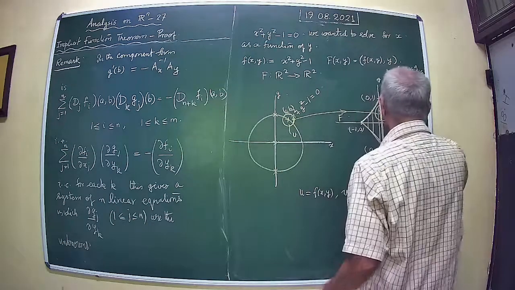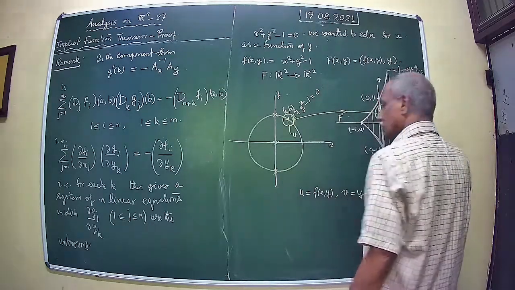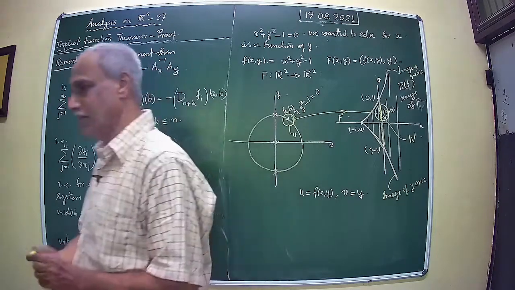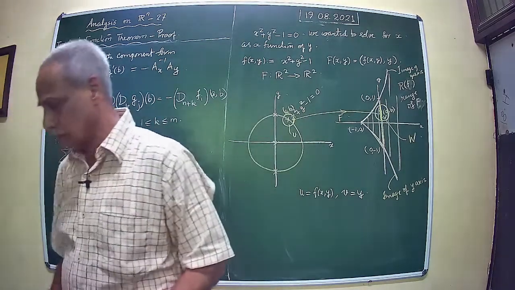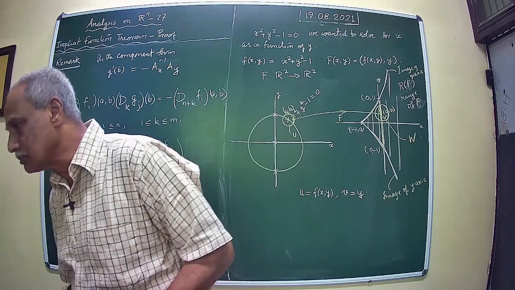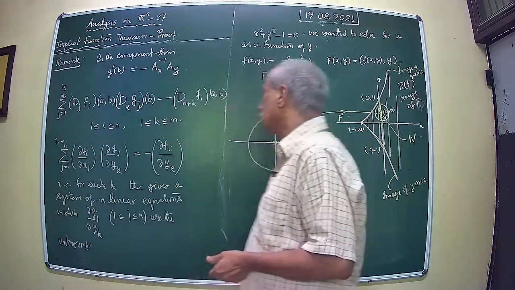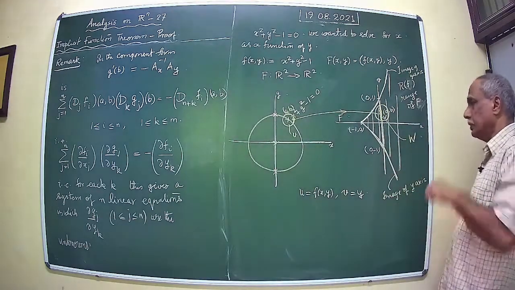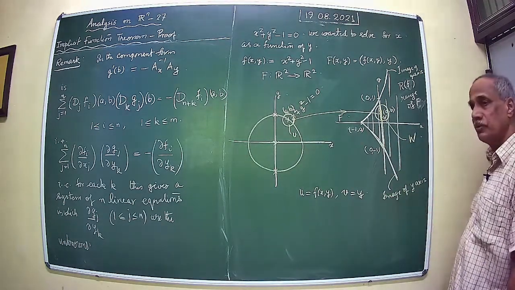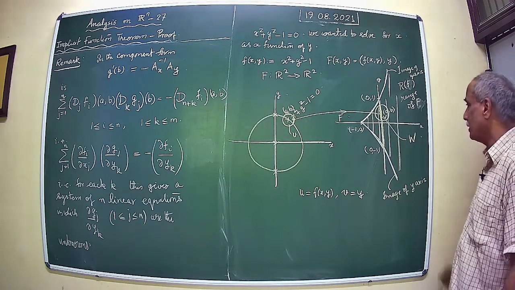This is what you call the W. Okay, right? This is the map that you get. Therefore, this is the image of the y-axis. Okay, so this is your W.